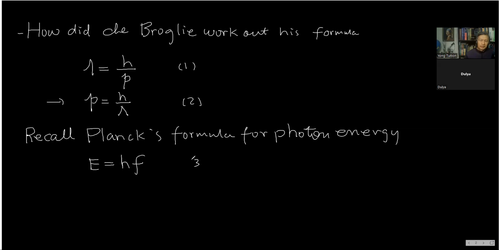And the light speed c is also equal to lambda multiplied by f, right? So therefore, the energy formula can also be written as hc divided by lambda. Can you see?